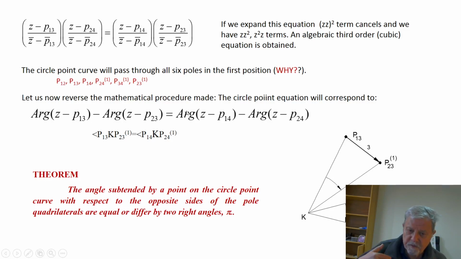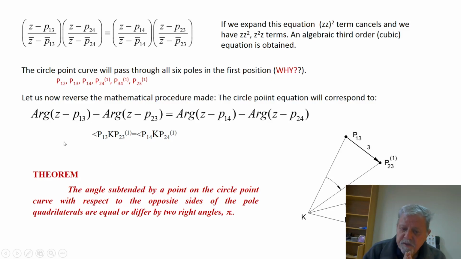If you look at the reverse. Now that means if I have a point K on the circle point curve, K being on the circle point curve, the angle that it will subtend on the two opposite pole quadrilateral sides will be equal and in the same direction. Notice, remember that we said these are directed lines. 1 to 2, 1 to 2, side 3, side 4, side 1.